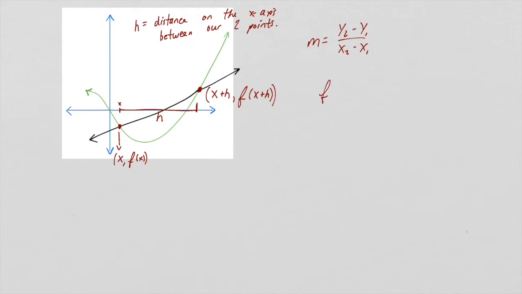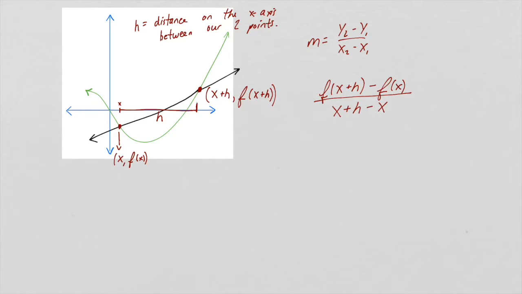So we get f of x plus h minus f of x all over, and we're going to subtract the x coordinates, x plus h minus x. And you can see it started to take shape from what we were talking about before.